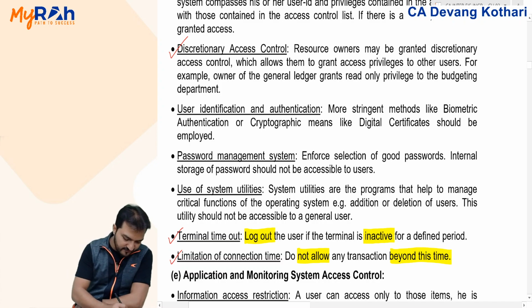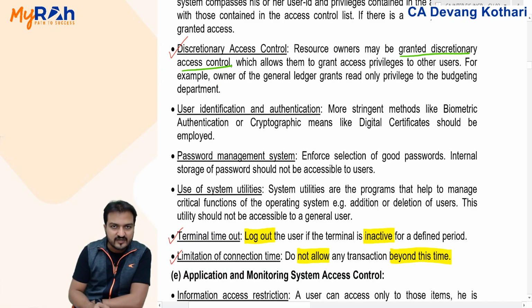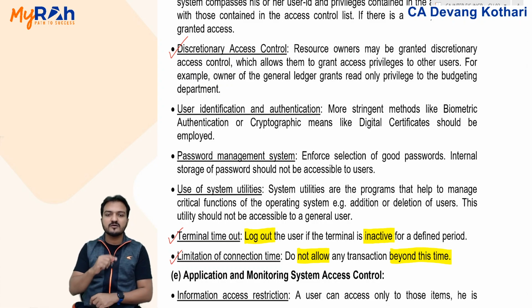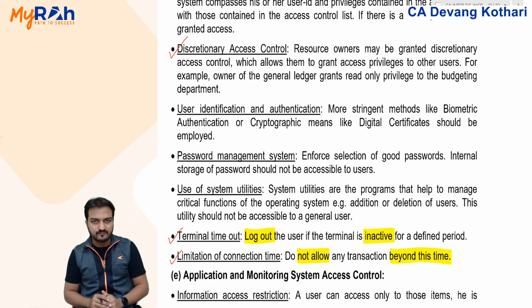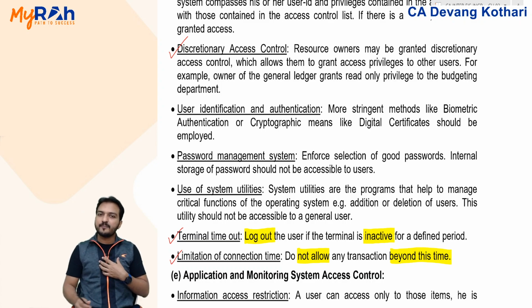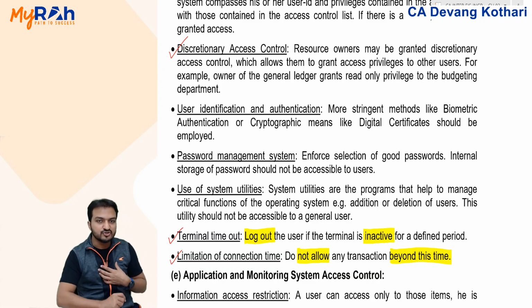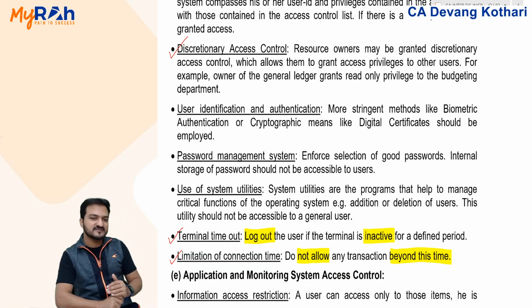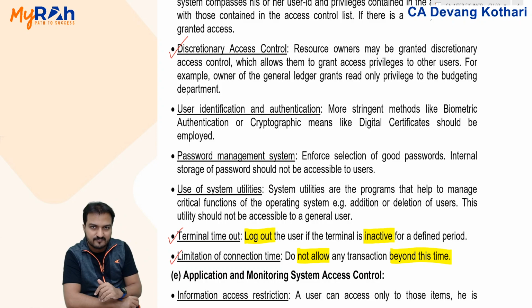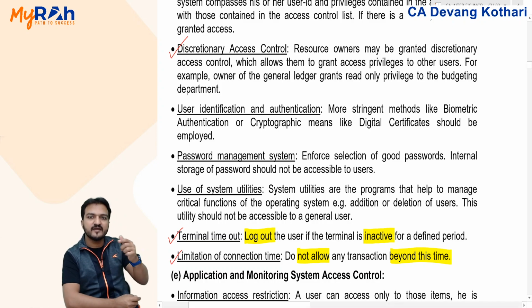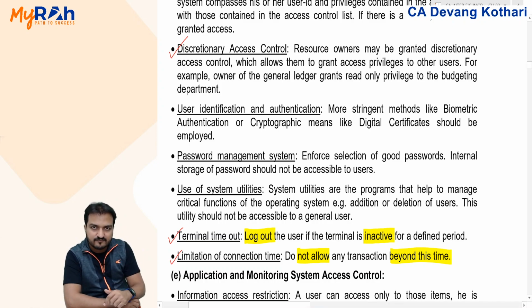Discretionary access control we had learnt. Discretionary access control means that resource owners might be granted discretionary access control. You are a sales employee, you have entered sales transactions, then you are the owner of the sales transaction, the resource owner. I am a purchase employee, so I am generally not allowed to access or see your sales transactions.